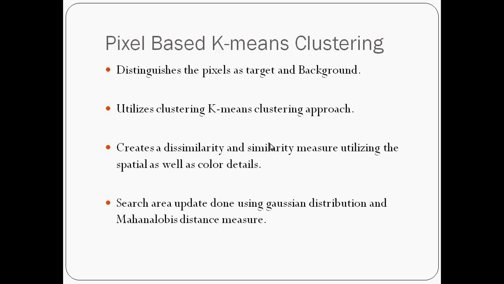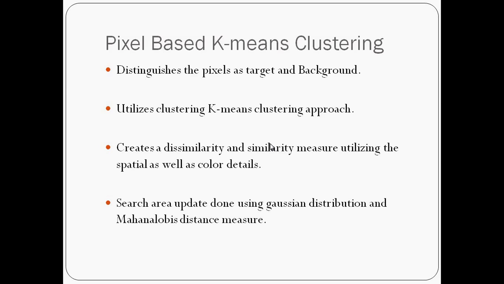So it's very rigid. It also specifies an update mechanism wherein it considers the distribution of the pixels of the object to be Gaussian, and then it utilizes the Mahalanobis distance measure to update the search area.